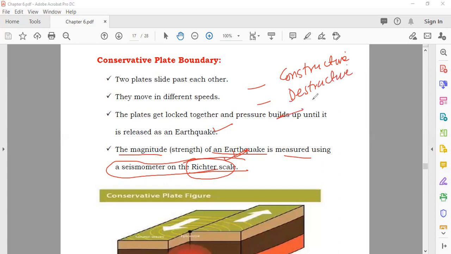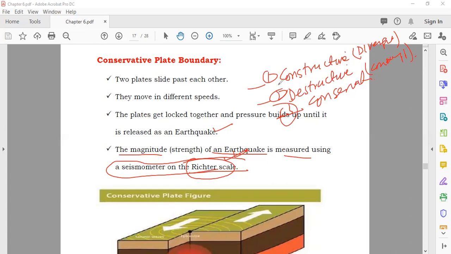The third one we talked about is conservative. Constructive is also known as divergent. Destructive is also known as convergent. This one, and this is the third. 1, 2, 3. So here we have studied 3 types of boundaries.